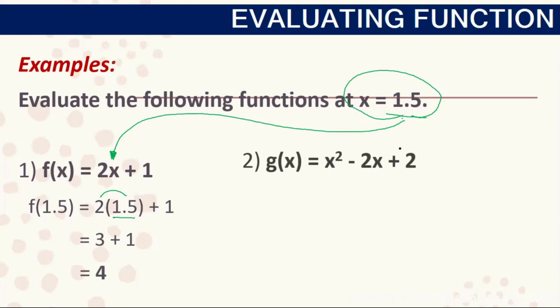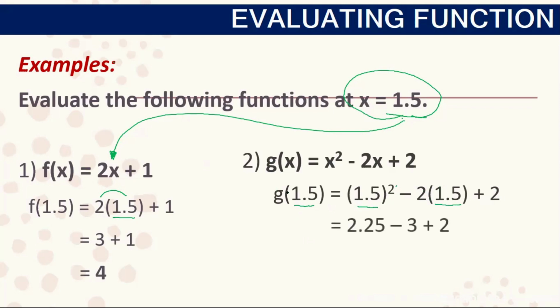Same procedure. Just do the substitution, apply the necessary operation, then simplify. So substitution, we have g of 1.5 equals 1.5, don't forget the exponent, minus 2 times 1.5 plus 2.